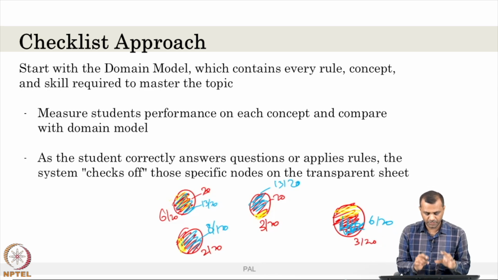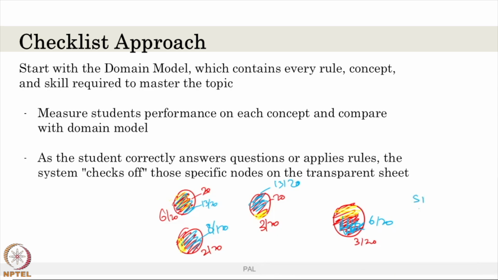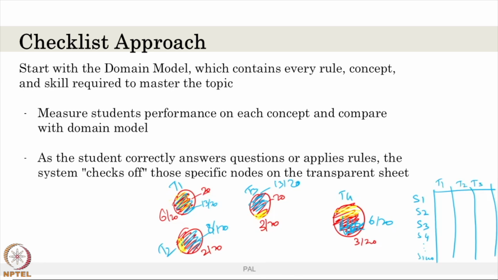So how is the student's performance recorded in this particular model? For example, S1, S2, S3, S4, and so on, like 100 students considered, against topic 1, topic 2, topic 3, topic 4, and many topics.